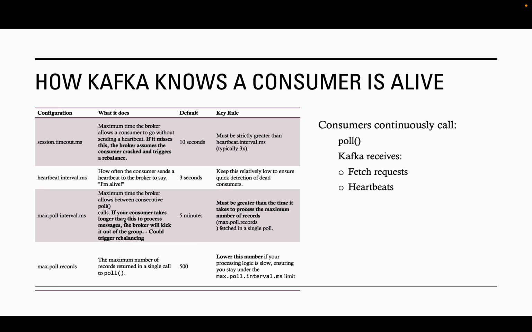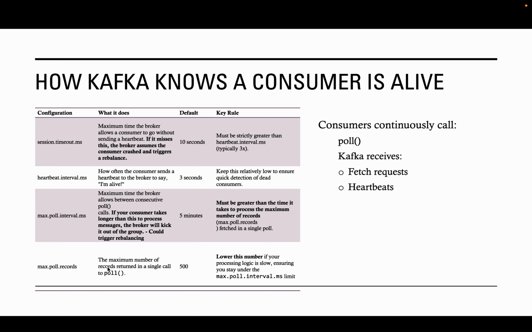Now if the consumer takes longer than this to process messages, the broker will kick it out of the group and could trigger rebalancing. Let's say it has got 5 minutes. Within that, if it is not able to process all this data, then it will miss the heartbeat and the broker will think this guy is dead and I should rebalance.